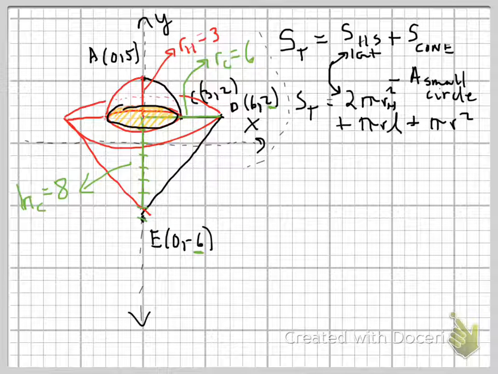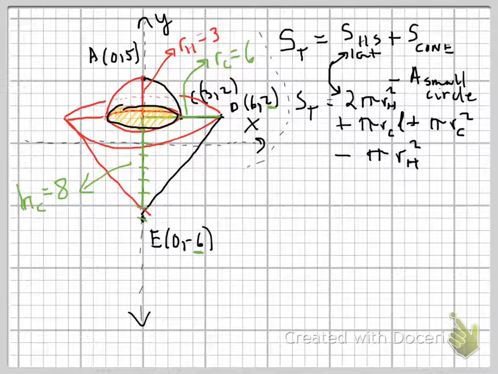This is the cone's, oops, that's the cone's radius. Okay, and then we're going to subtract the small circle, so that would be pi r squared of the hemisphere. That's the radius of the hemisphere.